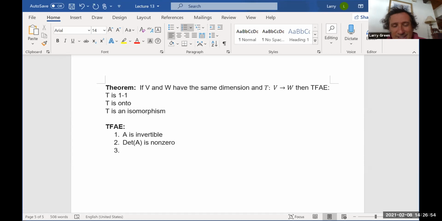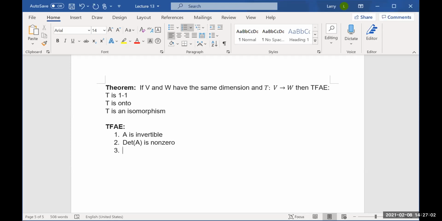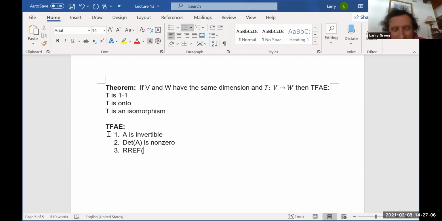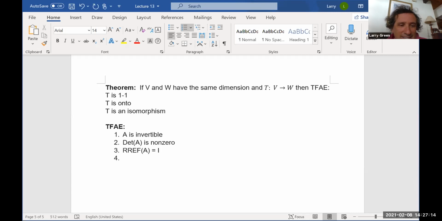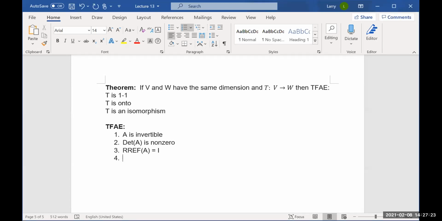We have a lot of these. REF of A equals 1. Your idea is right. You're saying it wrong though. REF of A equals the identity matrix I. We don't use the number one, we use the letter I. And one of the problems is that when I type it, it looks just like a 1, doesn't it? Sorry about that. The columns of A are linearly independent. Good.